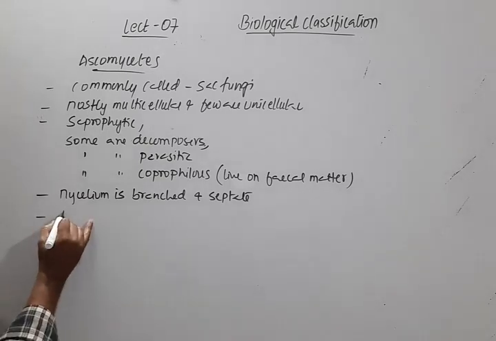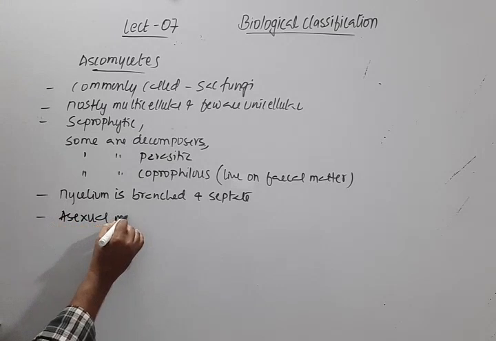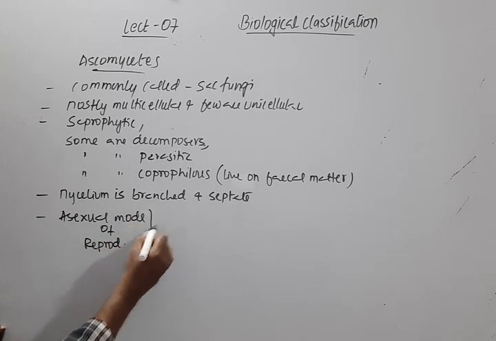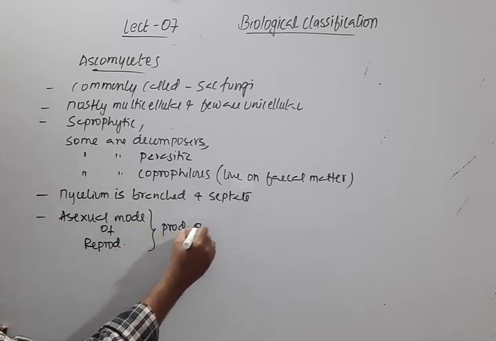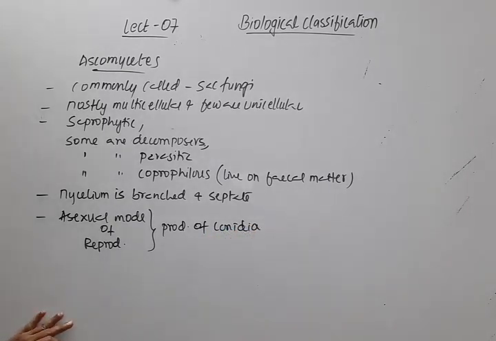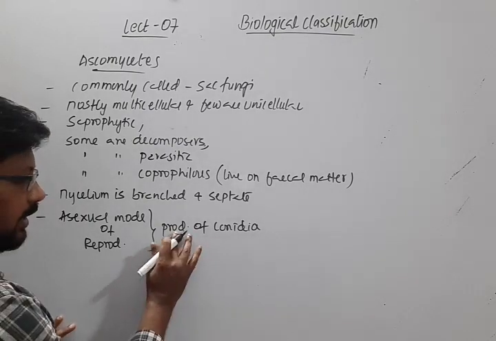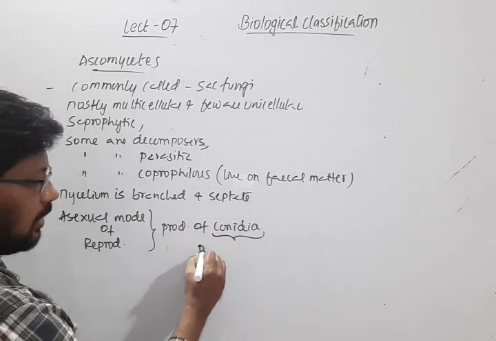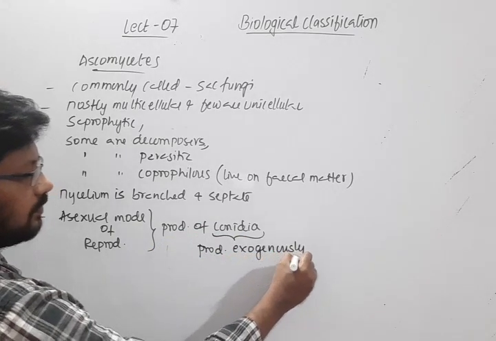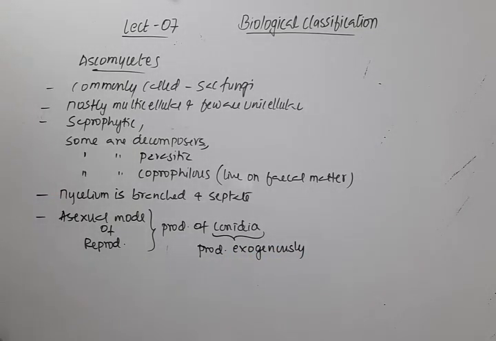Coming to the asexual mode of reproduction, this is by production of conidia, and these conidia are produced exogenously, meaning not inside special structures like a sporangium.